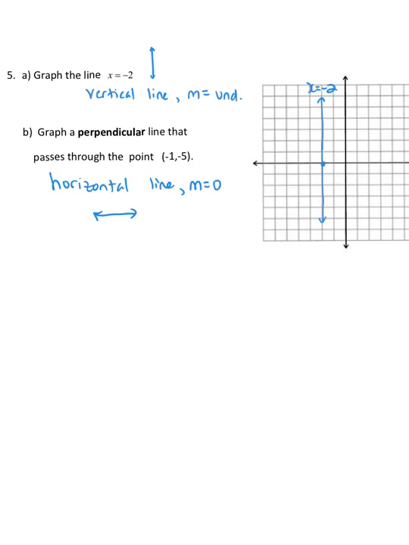So a horizontal line, and it tells us that it crosses at the point -1, -5, which is here. That's your point. -1, -5 is right here. And to be perpendicular, we're going to draw that horizontal line.